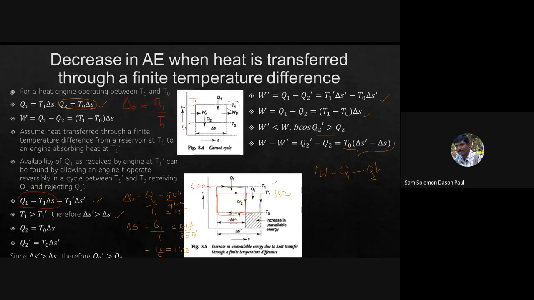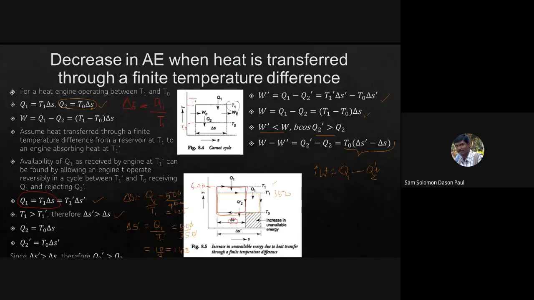So because of that, you're running a heat engine after a temperature difference, and that has resulted in a higher change in entropy or a higher unavailable energy. So you can see this shaded region. Okay, so this shaded region is what we call the increase in the unavailable energy.